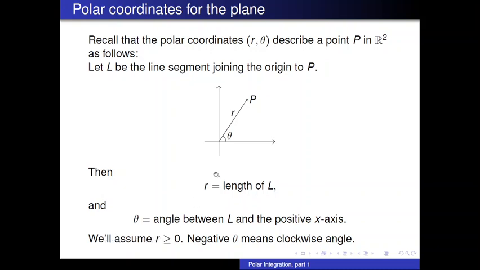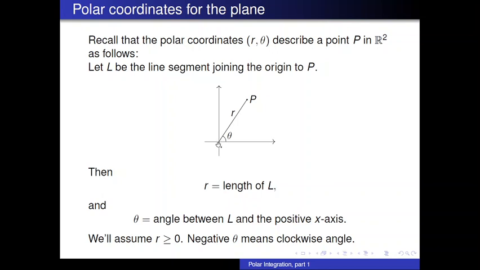All right, and then just some conventions. We'll assume here that our radii are bigger than or equal to 0. It's possible you can let them be less than 0. That's totally fine, but I don't think we're really going to need it that much. It's just for purposes of making these a little bit more unique. And we could let theta be negative, in which case we'd count the angle going clockwise.